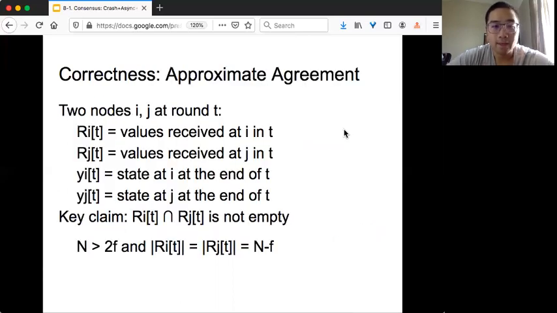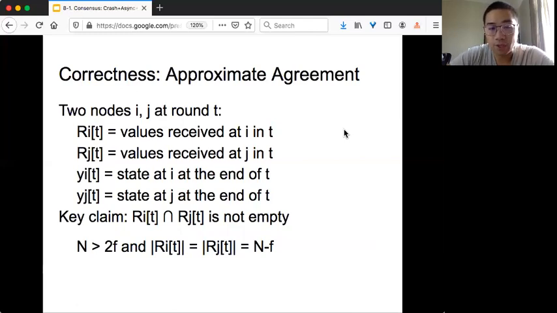Okay. Last time I mentioned that in order to prove the approximate agreement, meaning that the states yi and yj will be closer and closer as t increases, we need some formalism to help us proceed with the proof. We start with R_i^t, meaning all the messages received at i in round t.